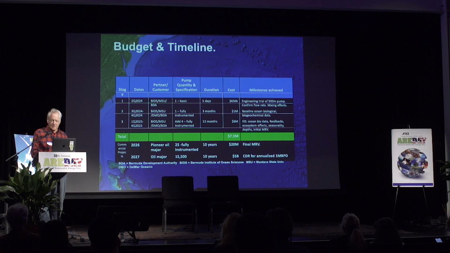That's how long a phytoplankton bloom lasts, so we want to measure the effects during the entire bloom. And then go to 5 full pumps for a full year, because we need to know what happens in January as well as in June. The total funding to get to that environmental impact statement is $7.5 million. And then if that's satisfactory, the project could commence into a commercial phase.